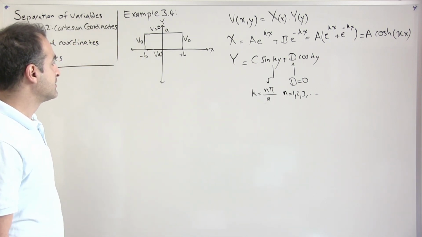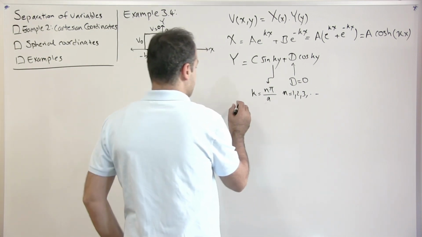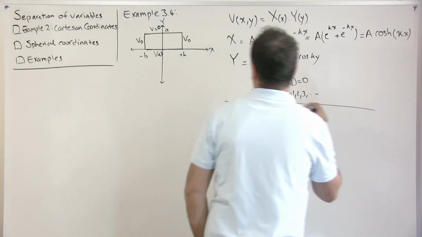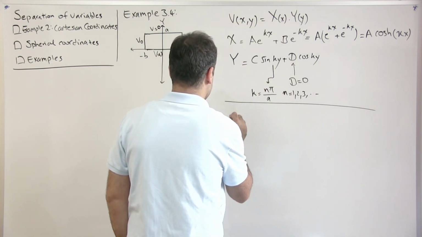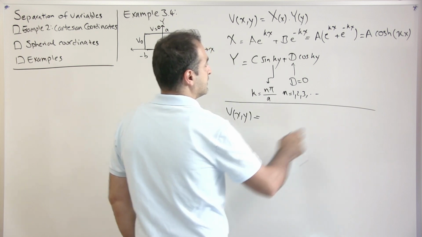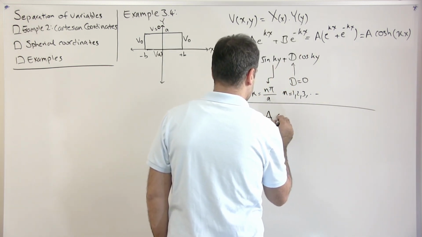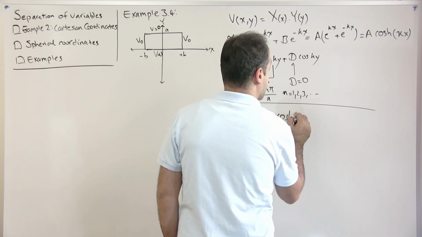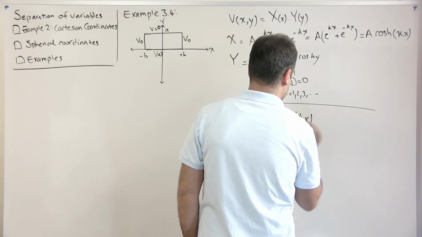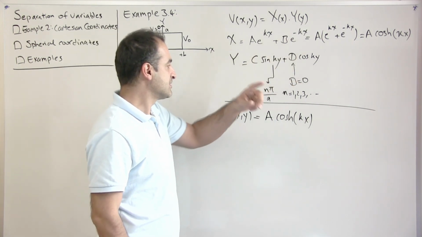Okay, so now I can rewrite the general solution, which is now much more simplified. V of x,y is, now x should be this, a times cosh kx. And then for the y, the second term just vanishes.